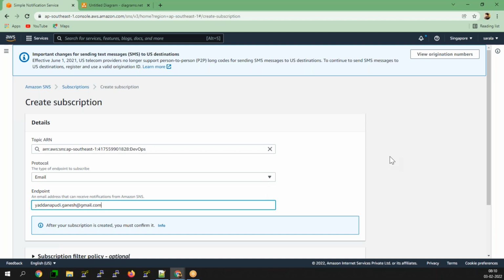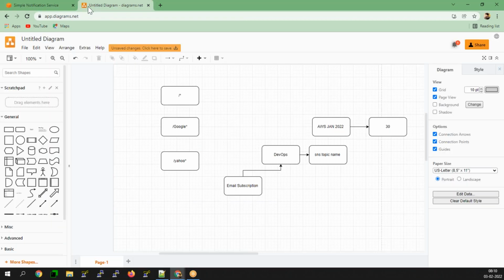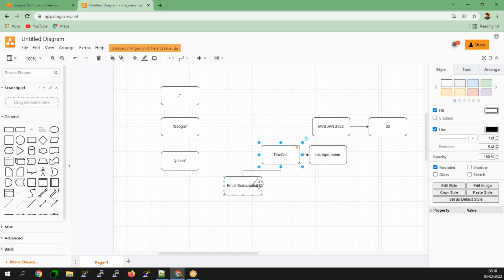This is my email address. So what you are doing is creating a topic and attaching the respective email subscription to it.